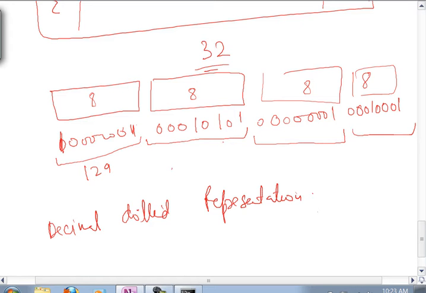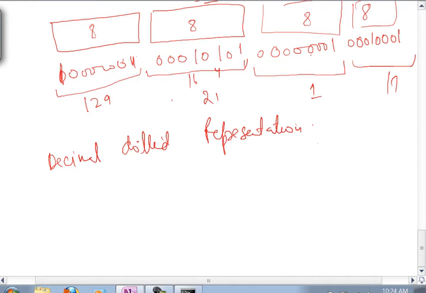I don't think this should be tough on you, because subnetting and all, newcomers who go for CCNA find it very tough and think they have learned something, but this is very easy for you guys. 16 plus 5 is 21. What is this? 1. What is this? 1, 2, 4, 8 and 16.